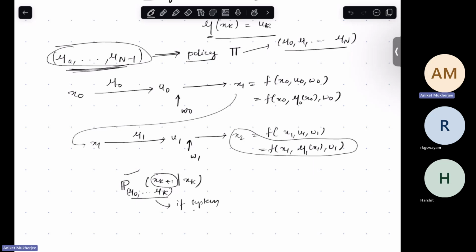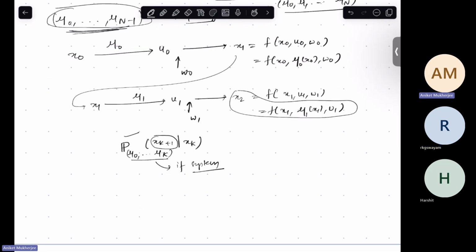That is what I was giving as an example: if you have a different strategy, and I have a different strategy, then the probability that you go to state, say, x2 or x1 would vary.